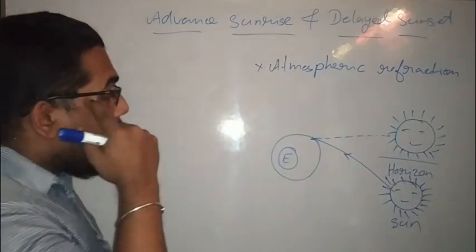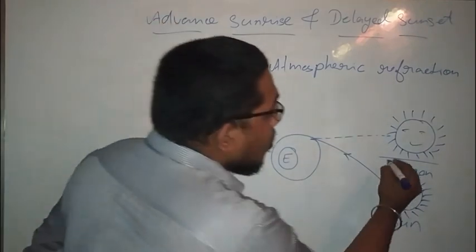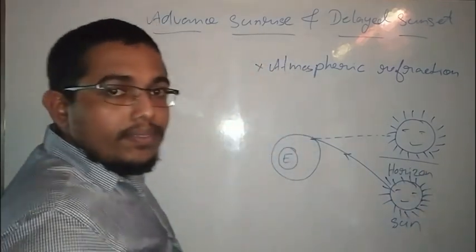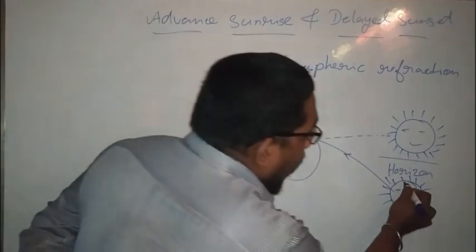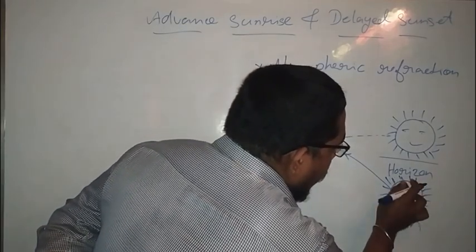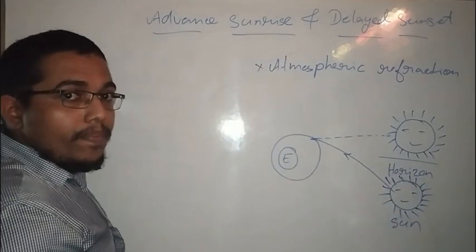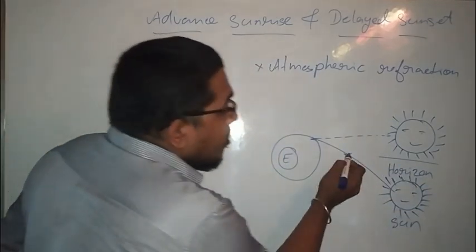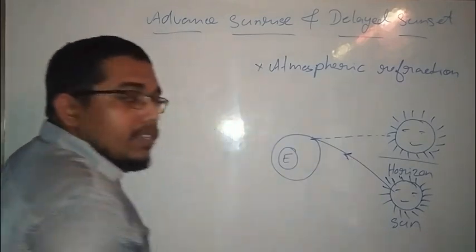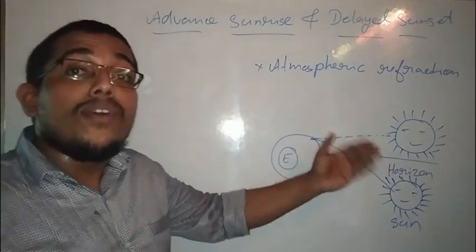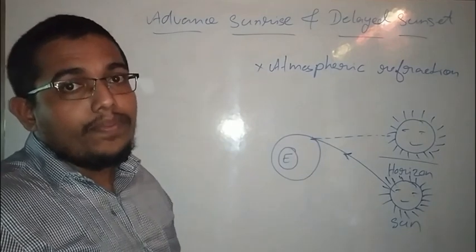Okay, so how it is happening? So this is what we call horizon. Clear? And before sunrise, the sun is located just below the horizon. But we are seeing the sun 2 minutes before the actual sunrise.